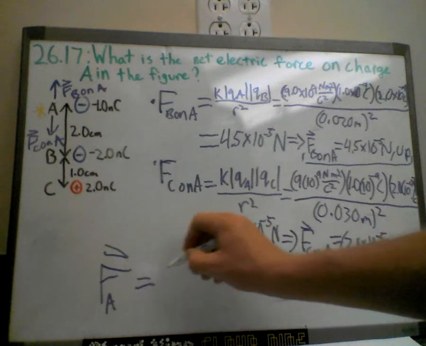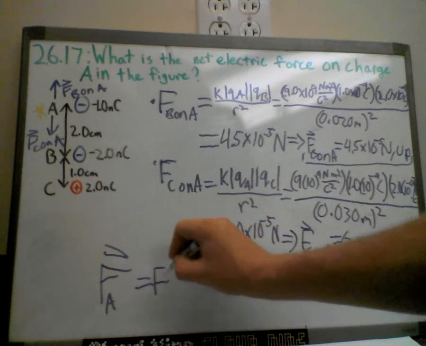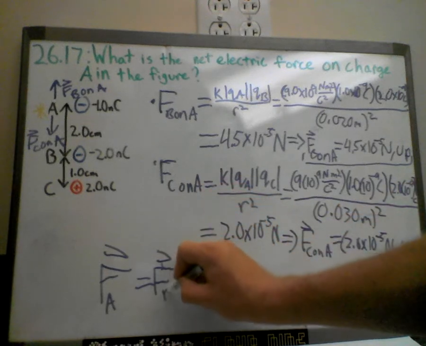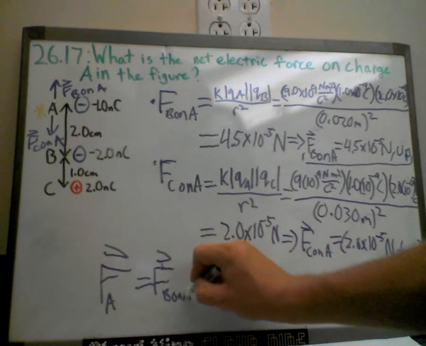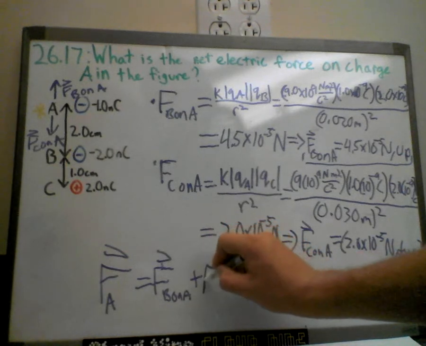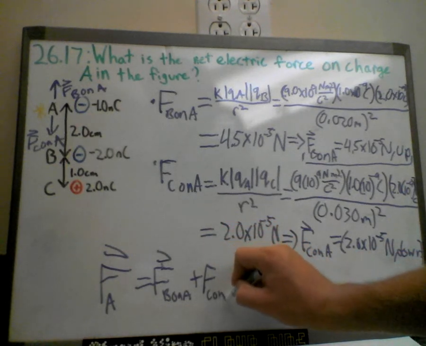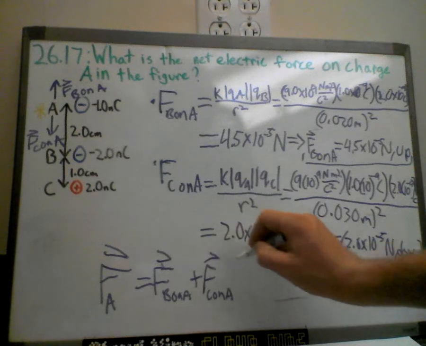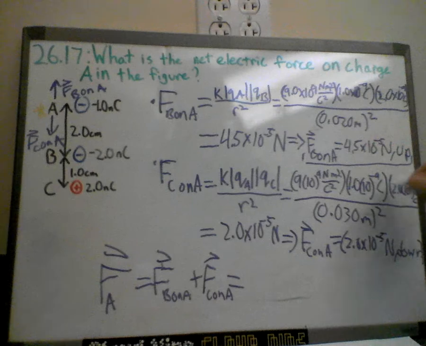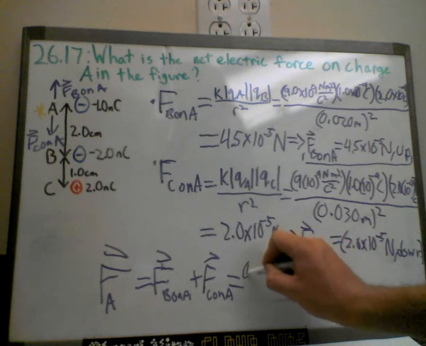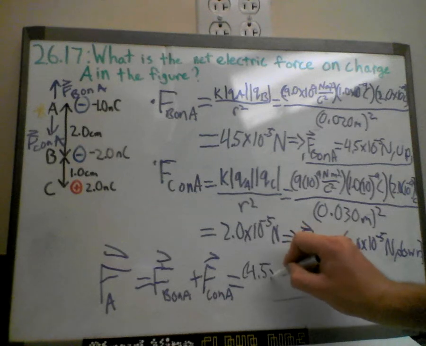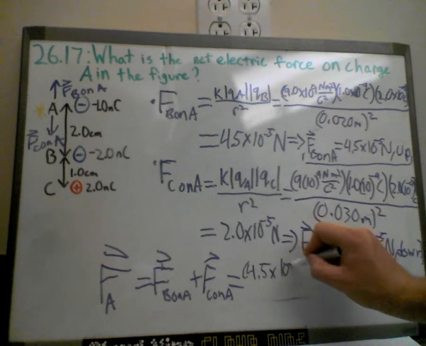would be equal to F of B on A plus F of C on A, which is equal to 4.5 times 10 to the negative fifth newtons.